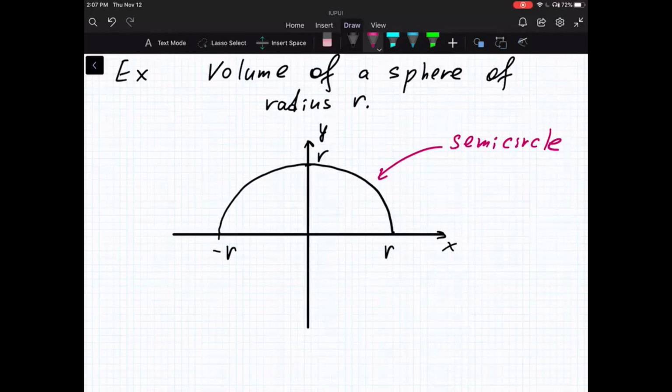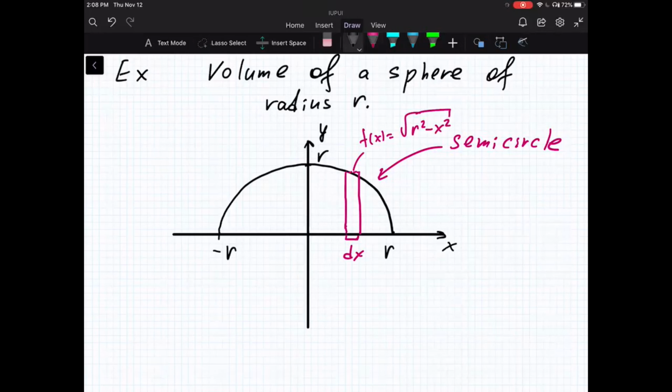And so what is our typical rectangle? Again, repeating the same steps that we did, here is my typical rectangle that will correspond to the disk when I rotate it. So it has base dx, while the height is f of x. What is the function that corresponds to the semicircle? It is the square root of r squared minus x squared.